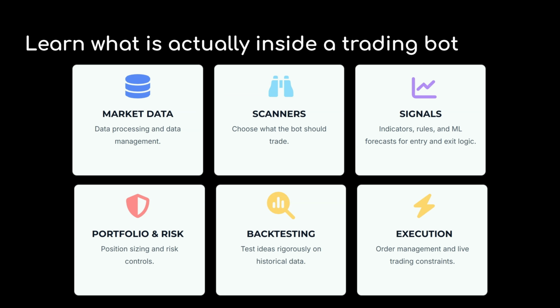We've talked a lot about the systems behind trading bots. Here are a few examples of the critical parts that make up those systems, such as how to process and manage market data, how to build market scanners so the bot automatically knows what it should trade, how to build signals using indicators, rules, and machine learning forecasts so the bot knows when it should enter and exit a position, how to build position sizing and risk control logic so the bot doesn't blow up your account during sudden unfavorable market conditions, how to run backtests and find the most important backtest statistics so you can judge your trading strategy effectively.